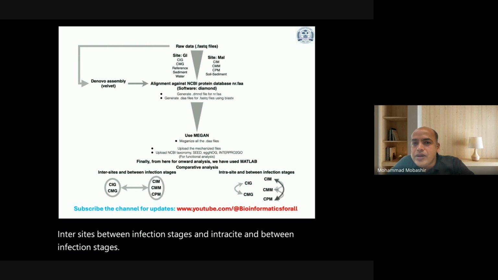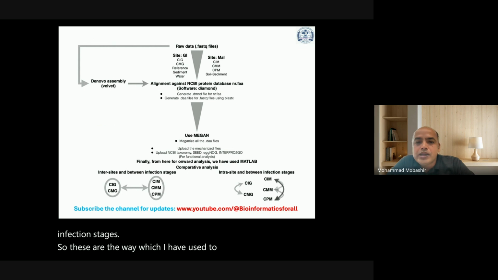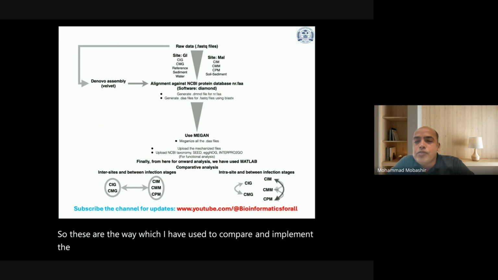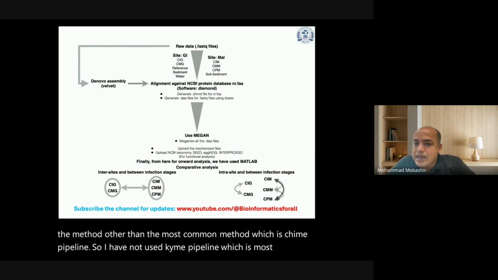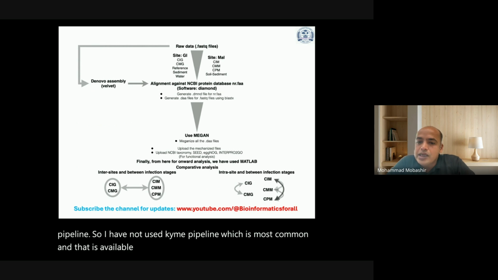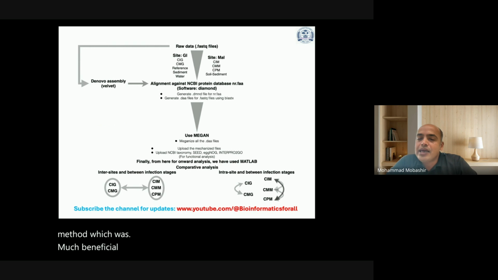So these are the ways I have used to compare and implement the method, other than the most common method, which is the QIIME pipeline. I have not used the QIIME pipeline, which is the most common and is available on the EBI website. But I have used a manual method, which was much more beneficial and easier than the QIIME databases.